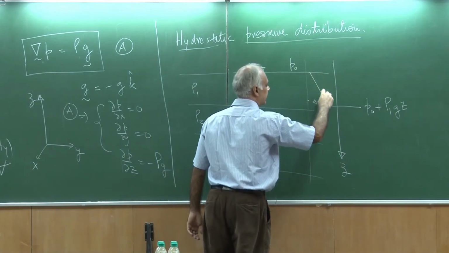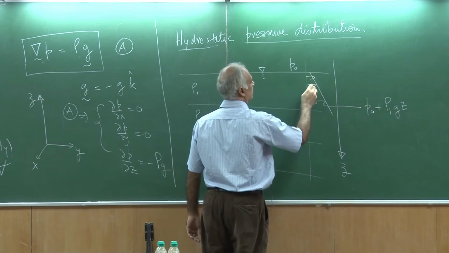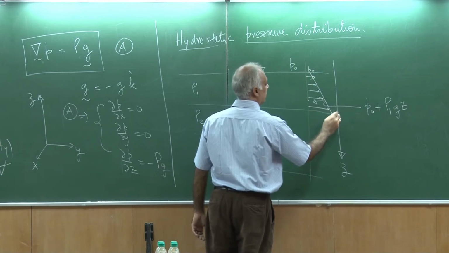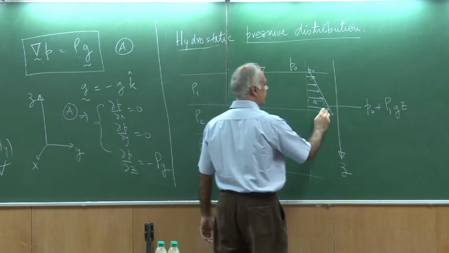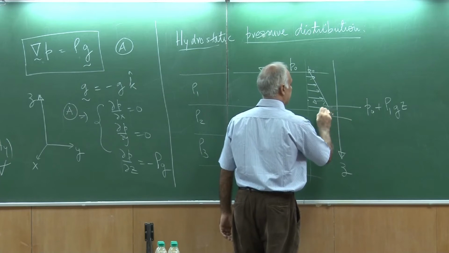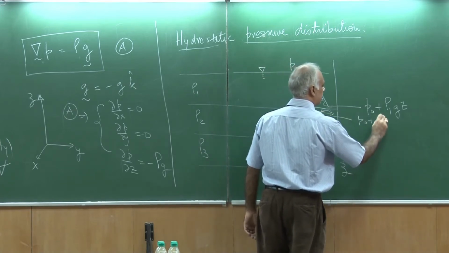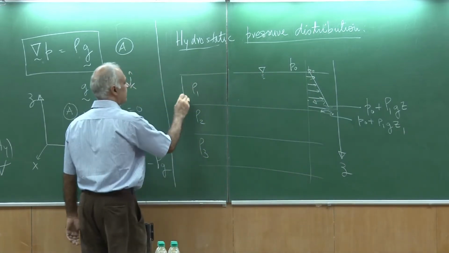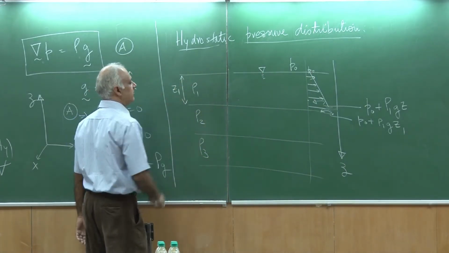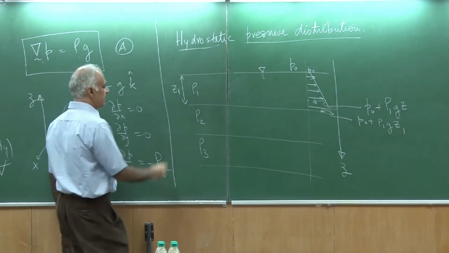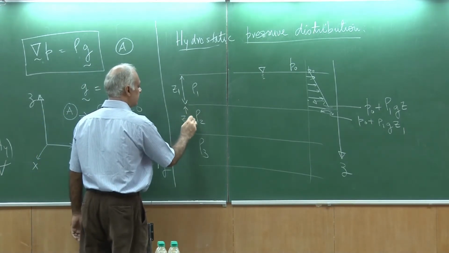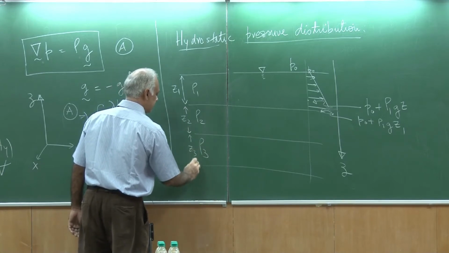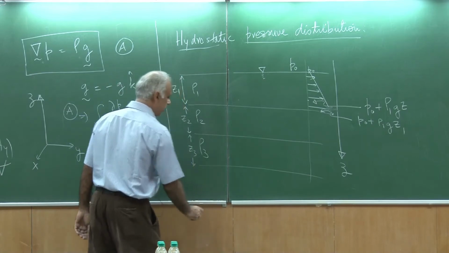So, maybe I can draw it. So, if this pressure is P naught, then this pressure value is given as P naught plus rho 1 g z1 if I call this depth as z1. Similarly, I could call this depth as z2 and this one as z3, and of course there could be more fluid below this.